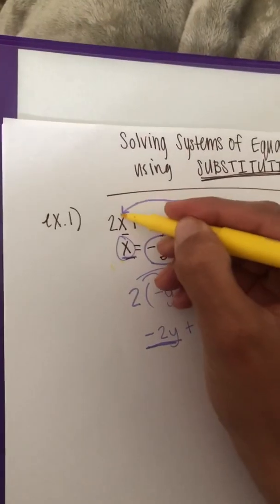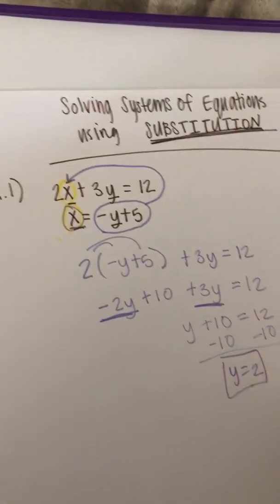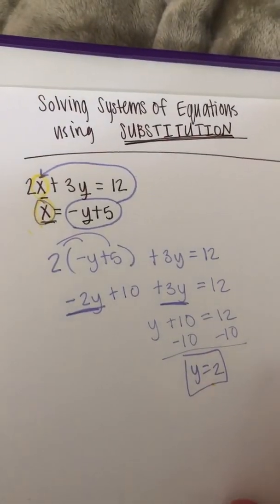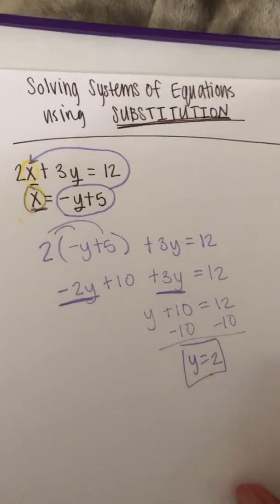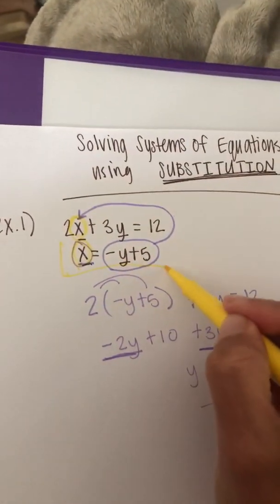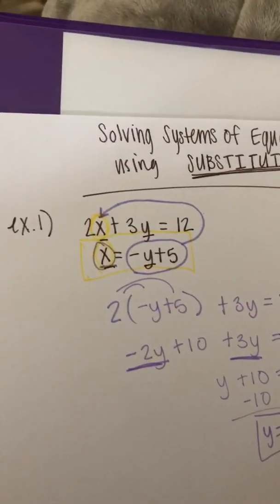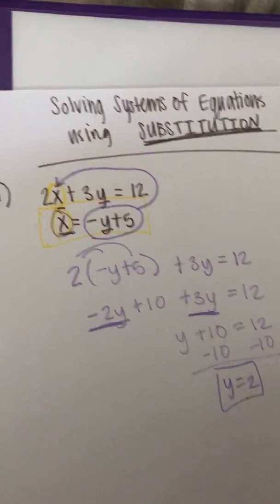Okay, so I've got this X right here and that X right there. And the video did a good job of saying that you can go into either one of them. It does not matter, okay? But we would prefer to go into this one, because X is already by itself. Don't make it harder than it has to be.